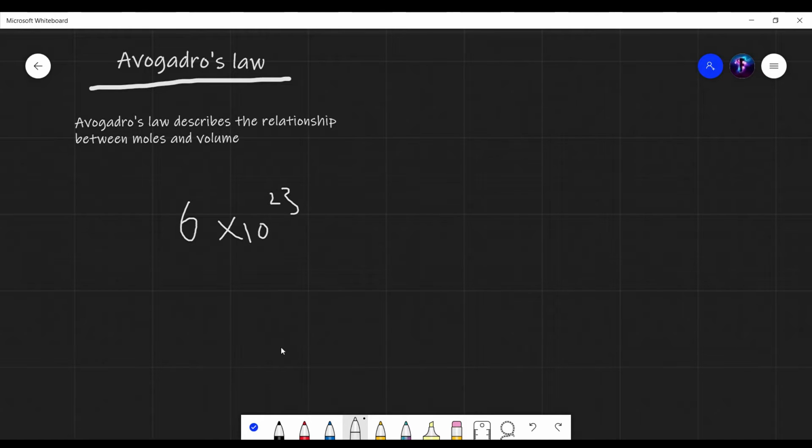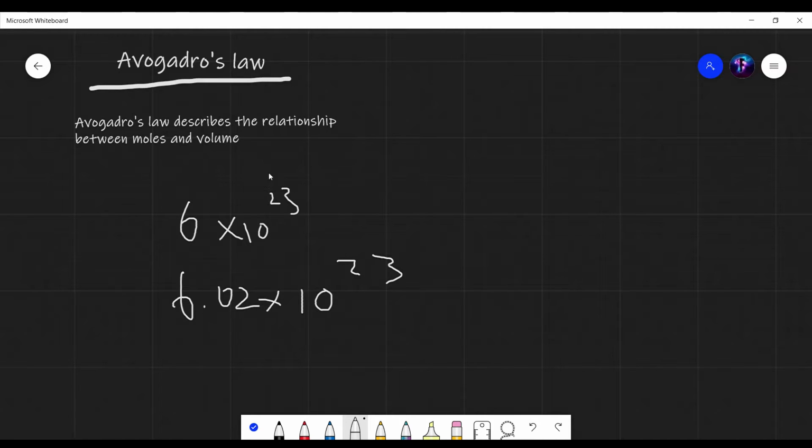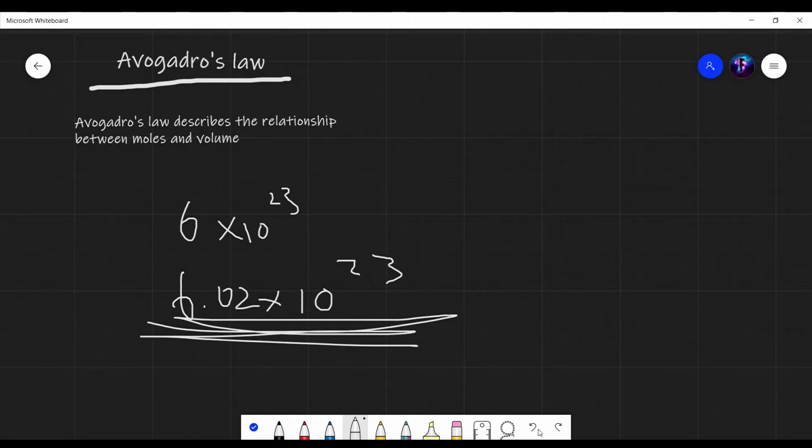But if you want to be more specific, it is 6.02 times 10 to the 23rd power. Okay, so you can use either one of these. Most of the times, on the test, you would use this number. But if you were told to use this kind of number, you also need to remember this.